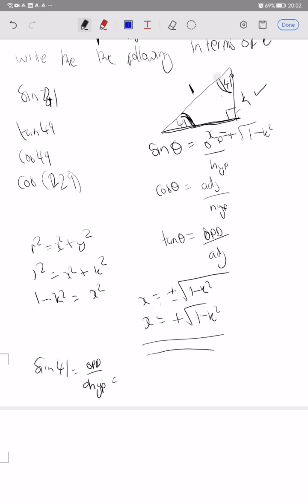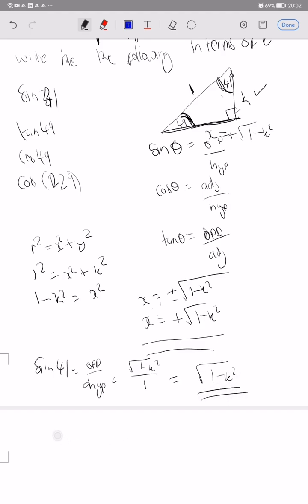What will be my opposite in this case? It will be the square root of 1 minus k squared. What is my hypotenuse? It is just 1. So it's just the square root of 1 minus k squared.